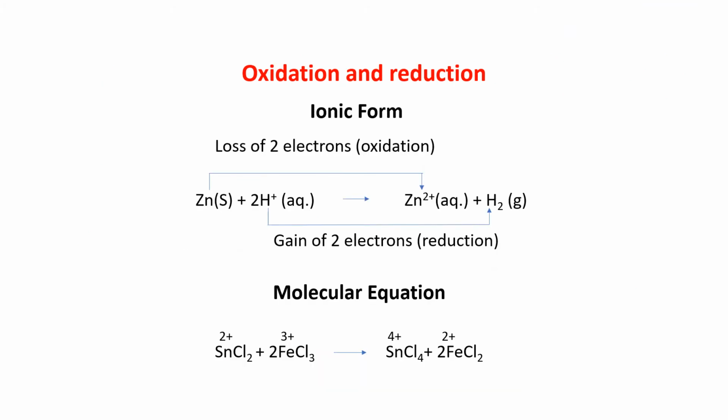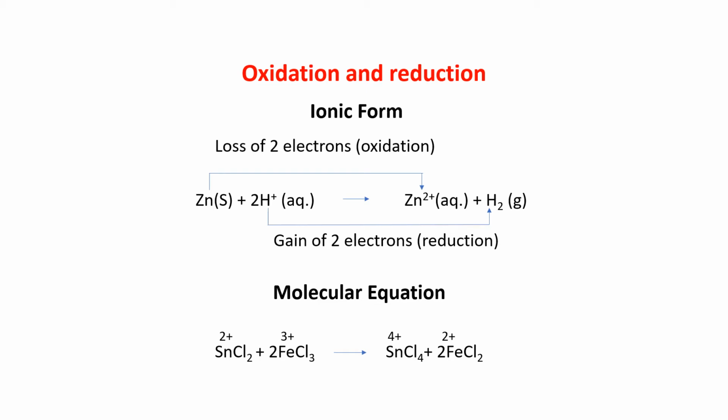Now, if a reaction is written in the ionic form or a molecular form, the oxidation and reduction in both cases can be shown with the help of electron transfer. See, the first equation is an ionic form of equation.